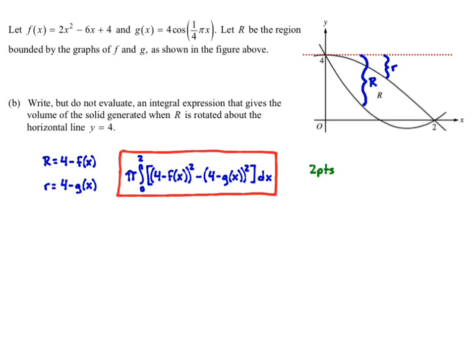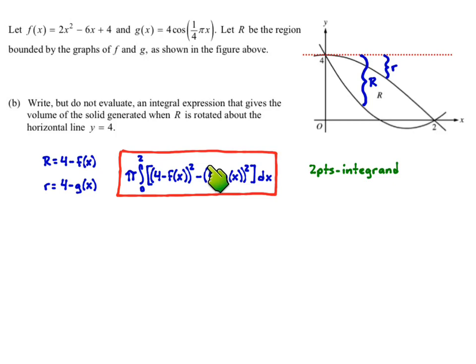The points for this, you would get 2 points for having the correct integrand. My guess is you would get 1 point for knowing that it's the washer method. So if you had something that had some r squared minus some r squared, you get the 1 point. And the second point would be having the correct radii values here.